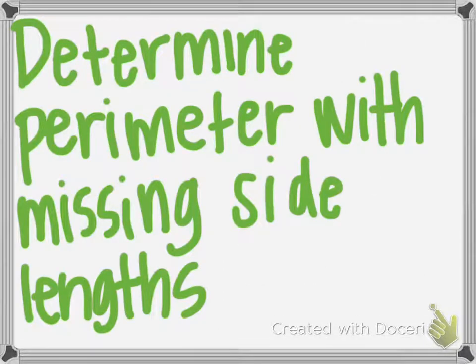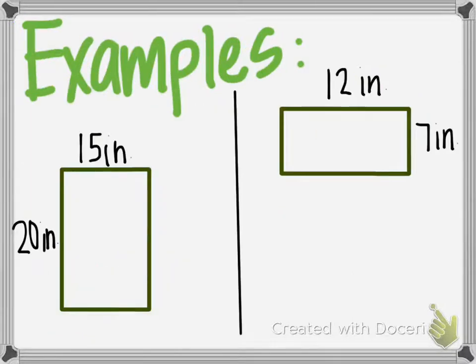Students are also expected to determine the perimeter with missing side lengths. So in these examples, we have rectangles, and we know that rectangles have parallel sides and the opposite sides are equal. So if this side is 15, then this side down here has to be 15. If this side is 20, then this side over here will be 20.